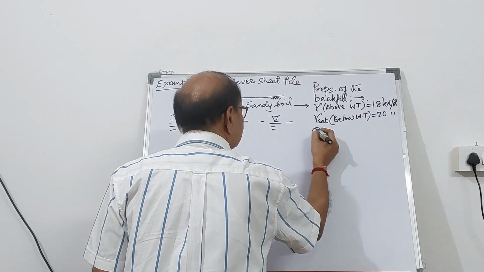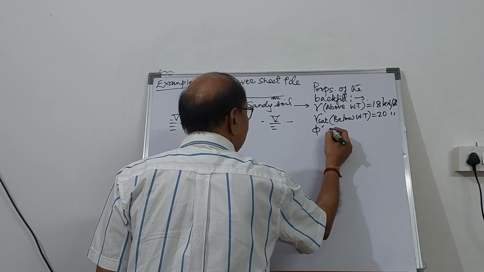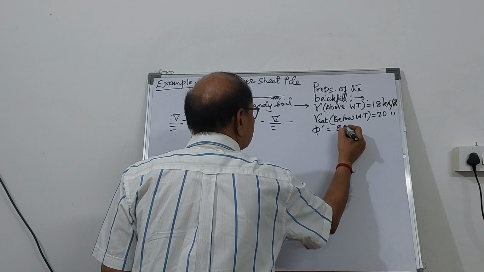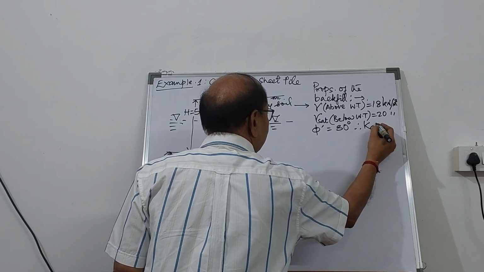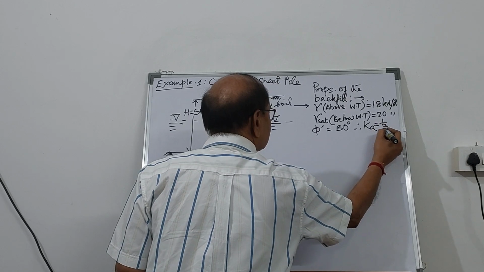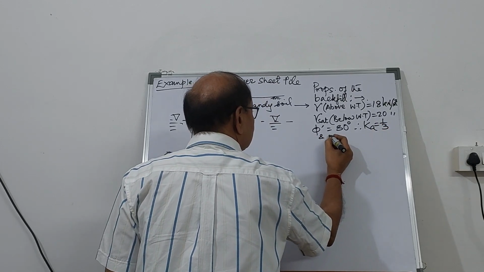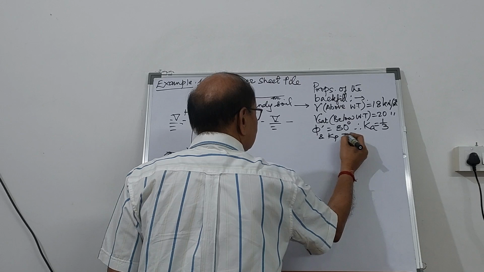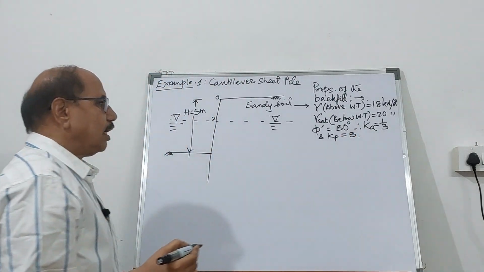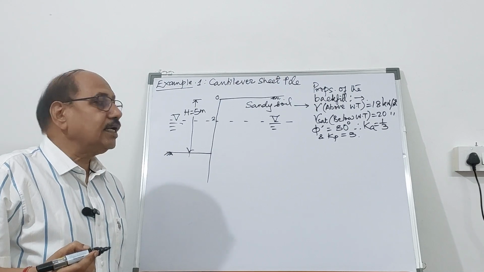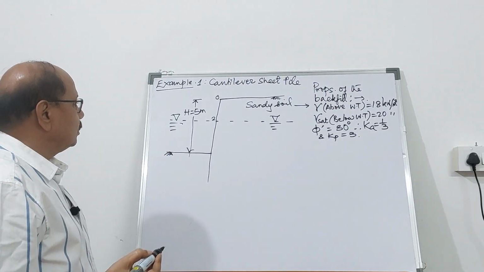The angle of internal friction phi prime is 30 degree. Therefore, Ka equal to 1 by 3 and Kp equal to 3, where Ka and Kp are the coefficient of active earth pressure and passive earth pressure.